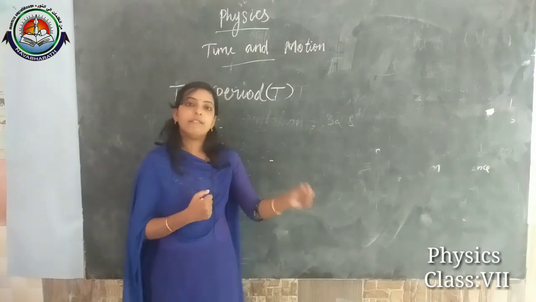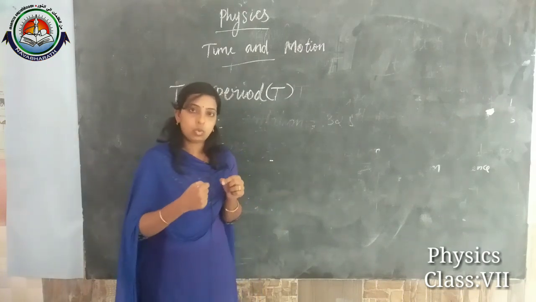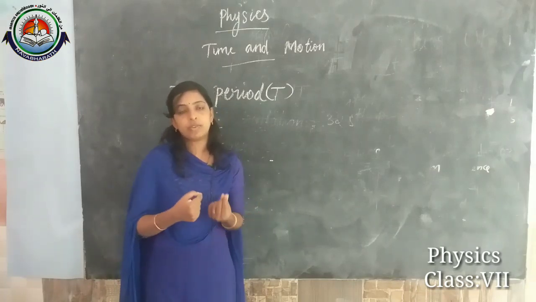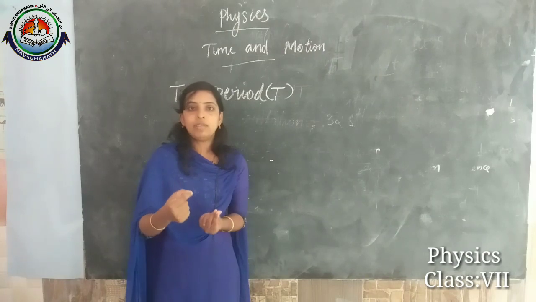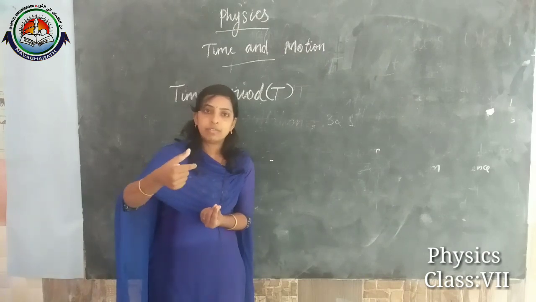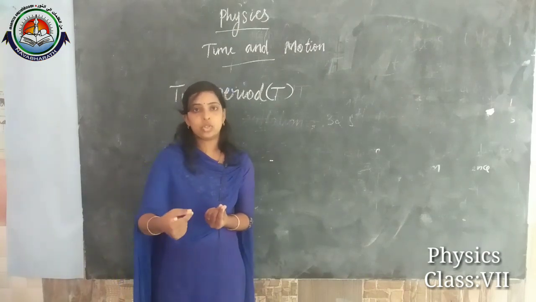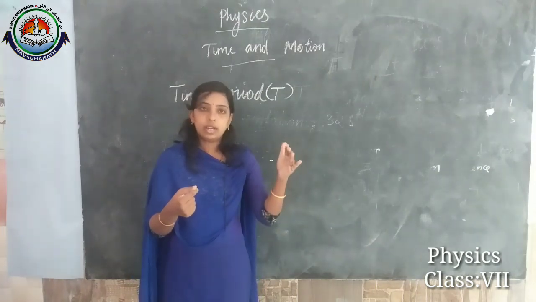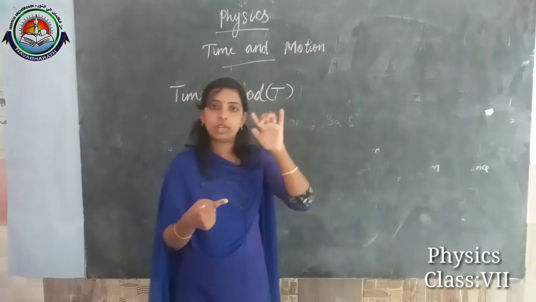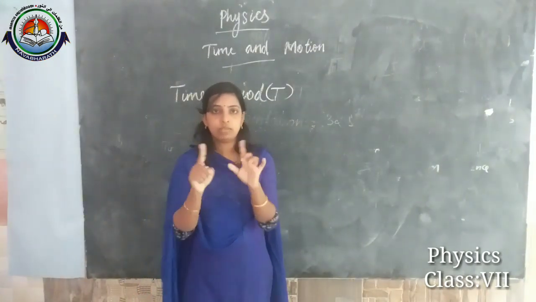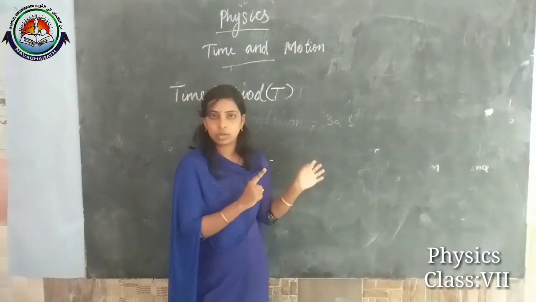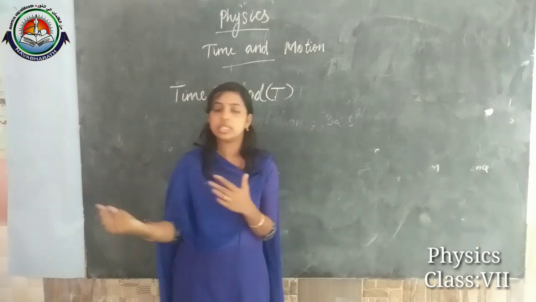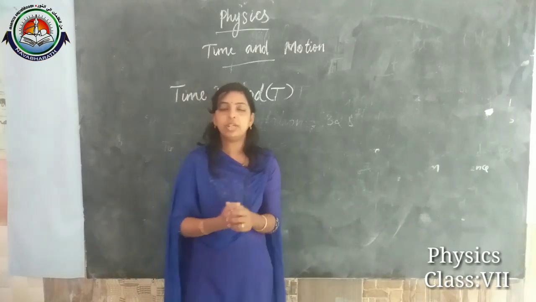When we take the bob from one extreme position and release it, at the same time we start the stopwatch. Then we count 20 oscillations, and at the end of 20 oscillations we stop the stopwatch. Then we get the time for 20 oscillations, like the previous example, 32 seconds. Like that we measured it.